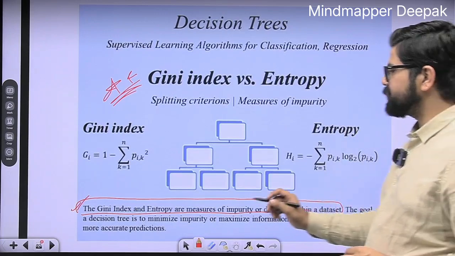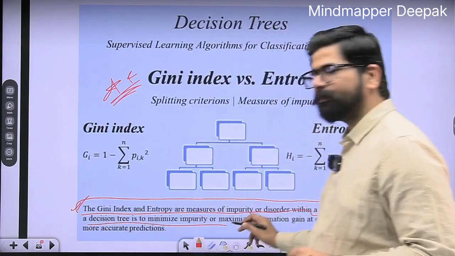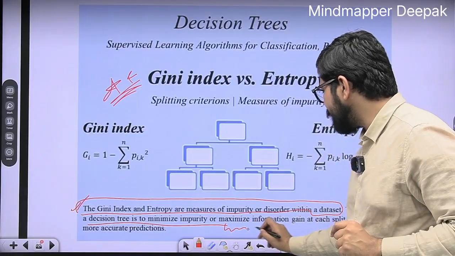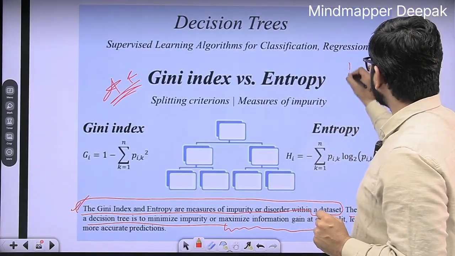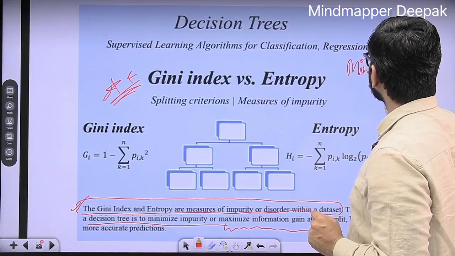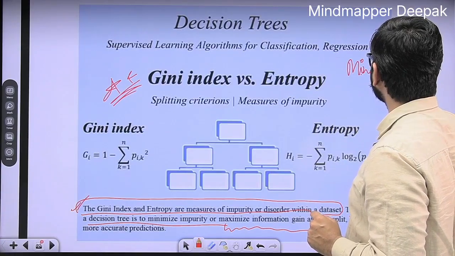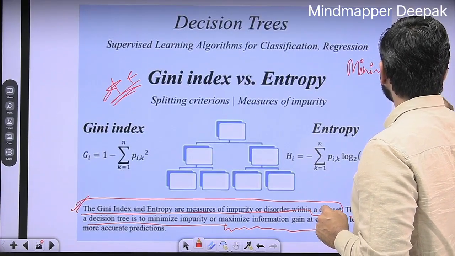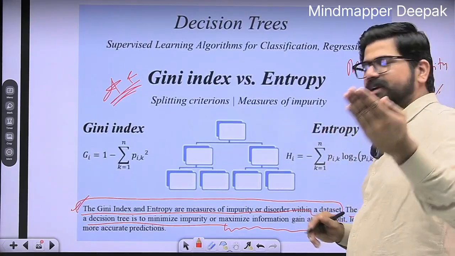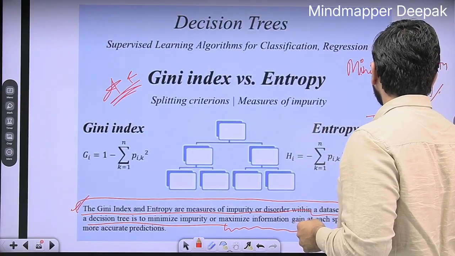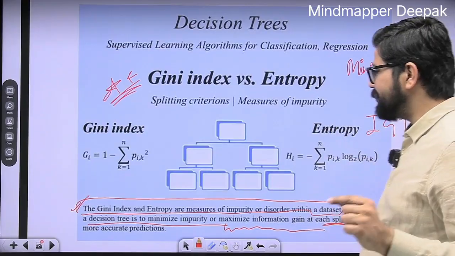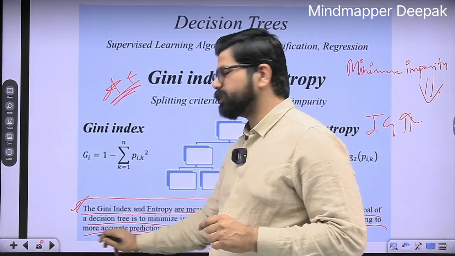The goal of the decision tree is to minimize impurity, or maximize the information gain, at each split, leading to more accurate predictions.